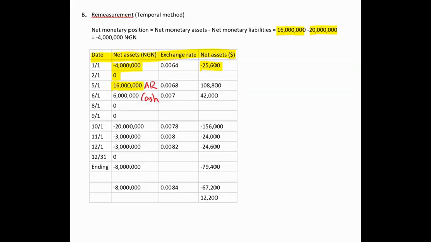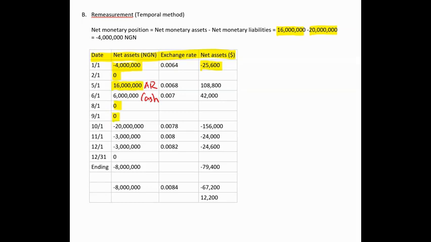Because land is not part of the net monetary position, we ignore the negative 6 million for land and only consider this increase of 6 million in cash. That equals $42,000. Then August 1st, collect all accounts receivable: debit cash, credit accounts receivable. Net impact is 0. September 1st, a long-term note received cash, so debit cash, credit notes payable, which is still 0 net impact.